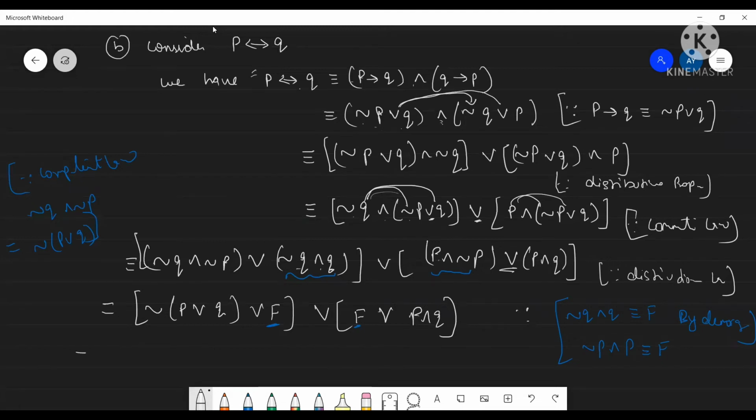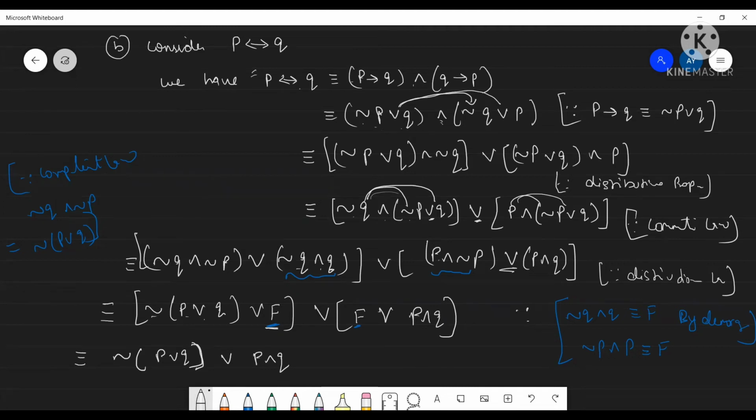So now we can write this as equivalent to negation of P or Q, or P and Q. Whenever you have negation of P or Q or F, it is like identity.